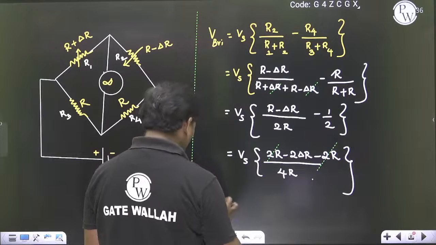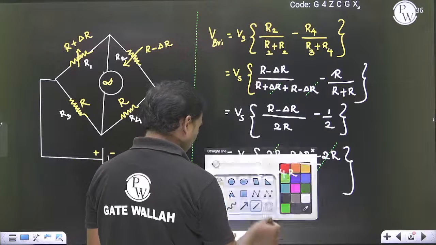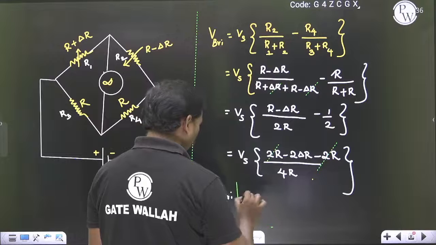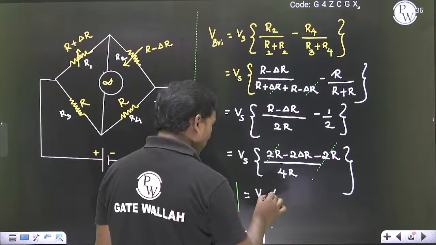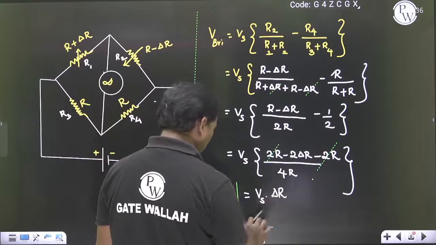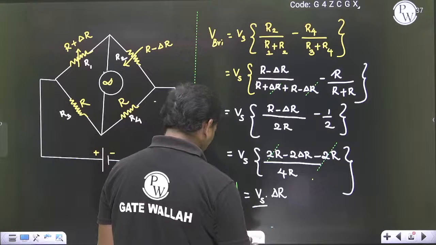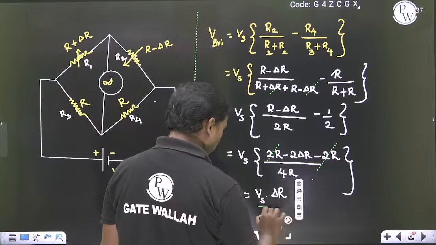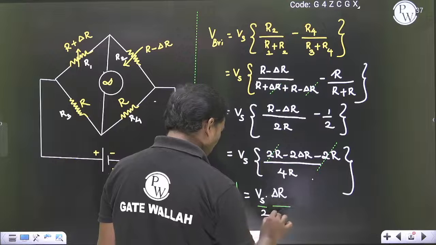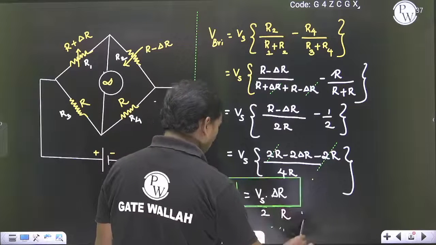So now the V bridge magnitude will be equal to Vs into delta R by 2R. So this is our V bridge expression.